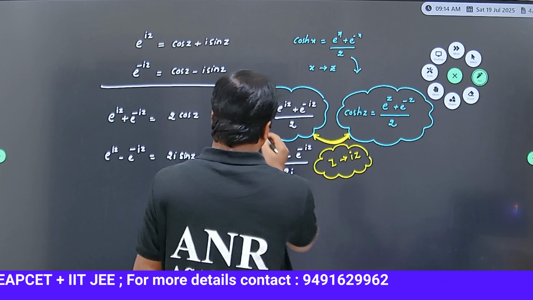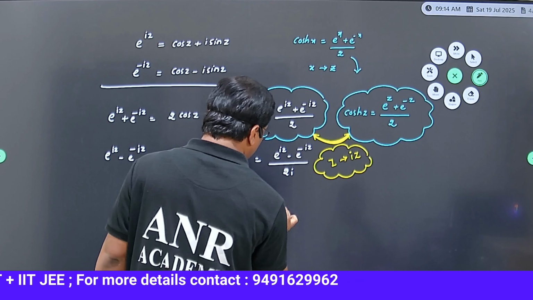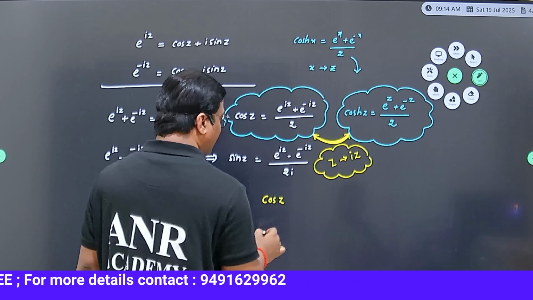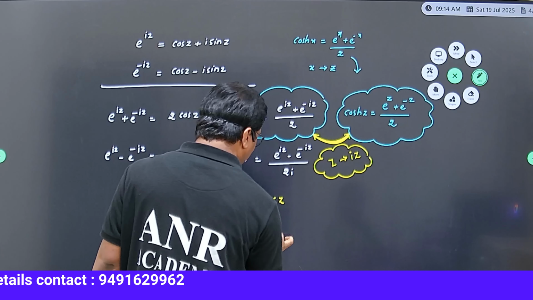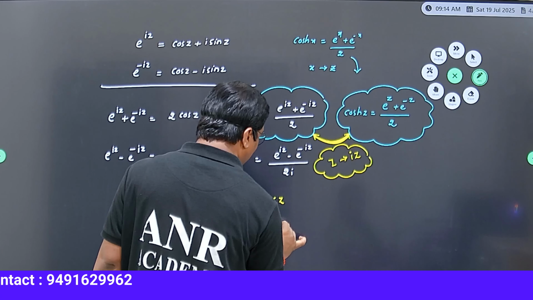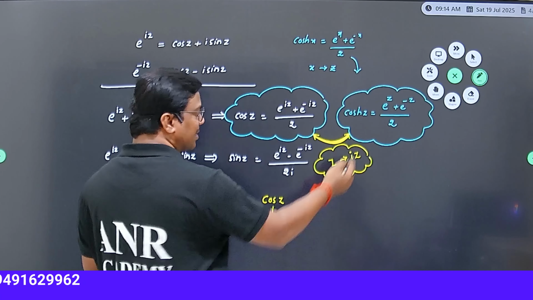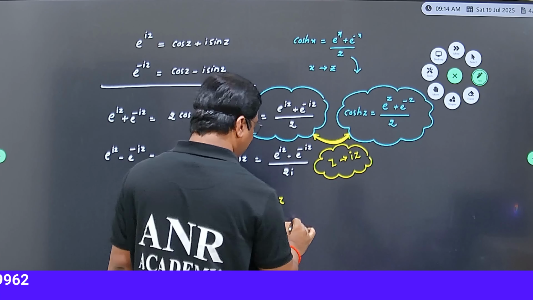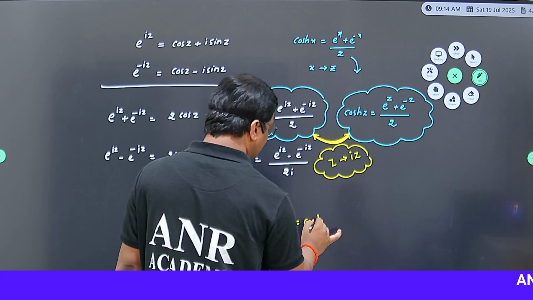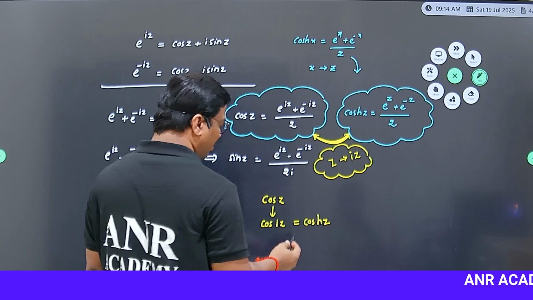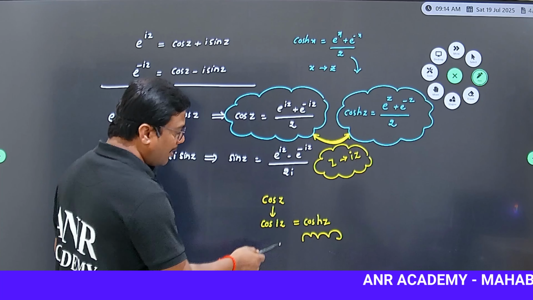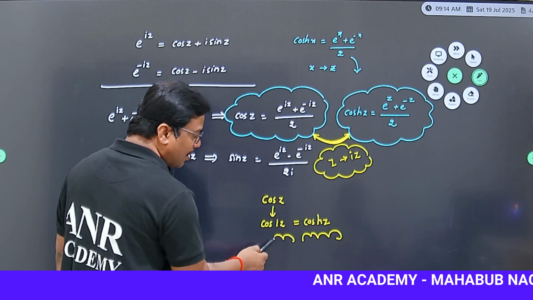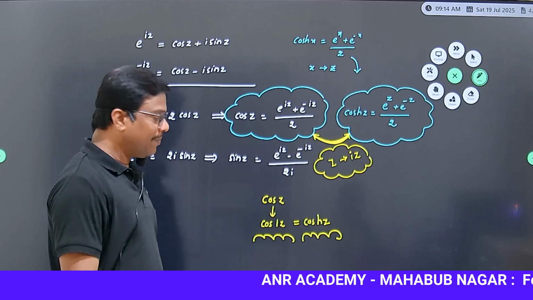You have cos z here. If z is replaced by iz, then what happens? Cos of iz. This cos of iz is clearly cos hz. So, hyperbolic cosine, right part, cosine in the left part.